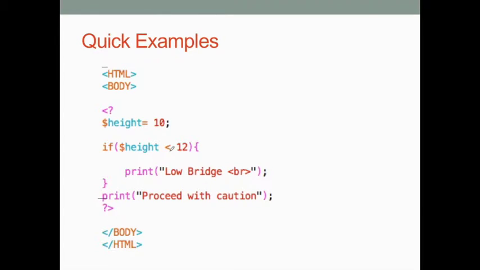So whether height's 12, less than 12 or not, in this case, 10, which is substituted for height, is less than 12, so we print low bridge, and we also print proceed with caution. If we change this to 15, we wouldn't print low bridge because 15 is not less than 12, but we would still print proceed with caution.